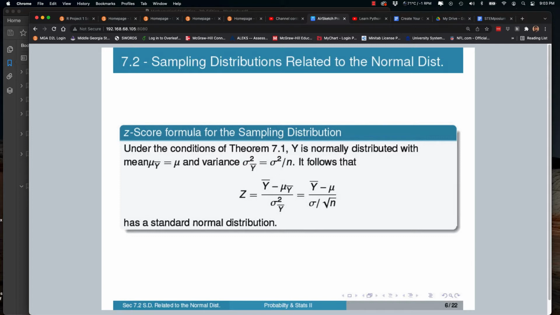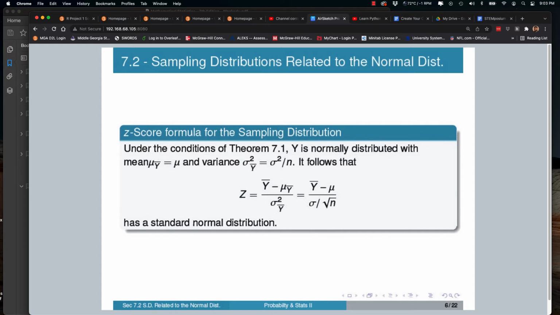It follows that z, which is a normalizing function, will standardize any data value we have when we know the mean and we know the standard deviation, or in this case the variance. We can set that to a nice normal distribution where the mean is 0 and standard deviation is 1. The reason why that exists is so that we can take any data set we're interested in and make things fit on a standard normal curve.